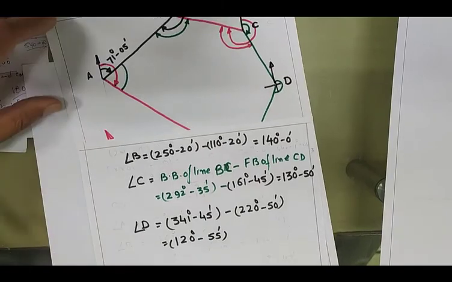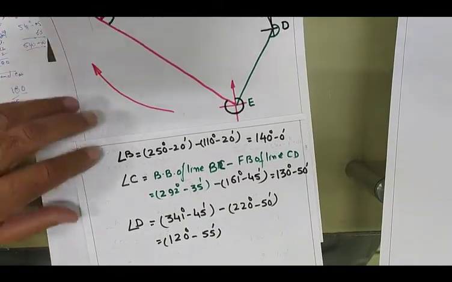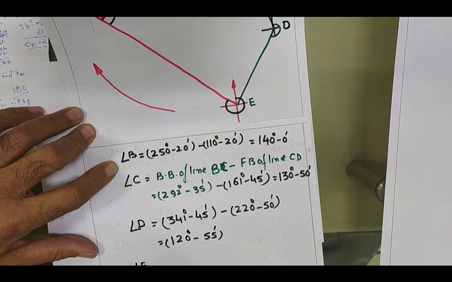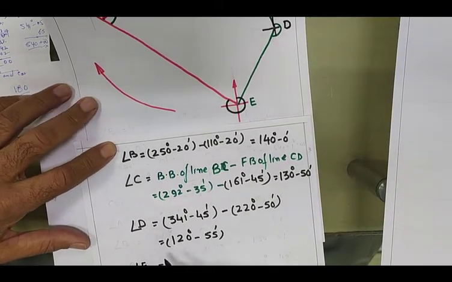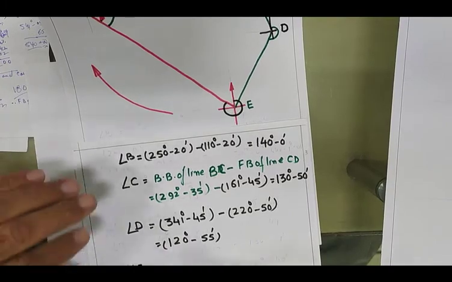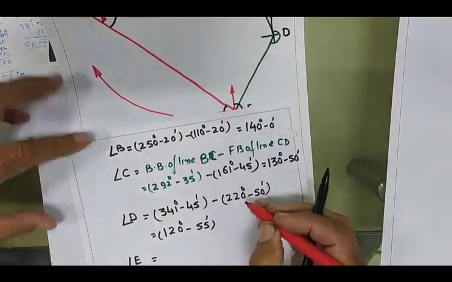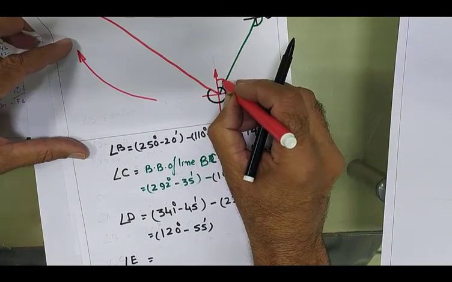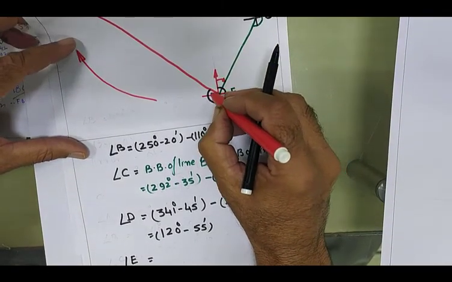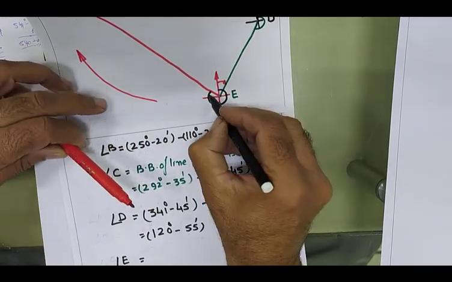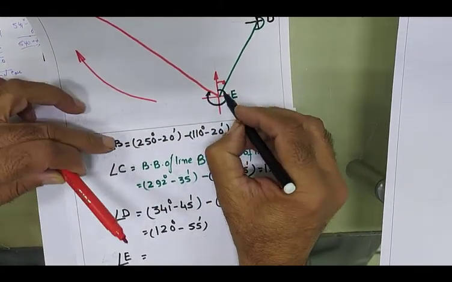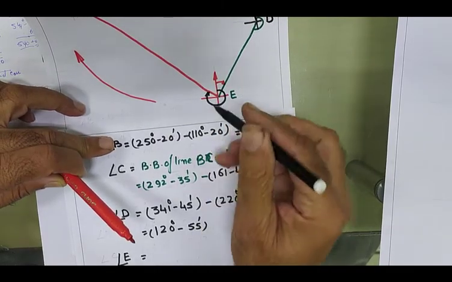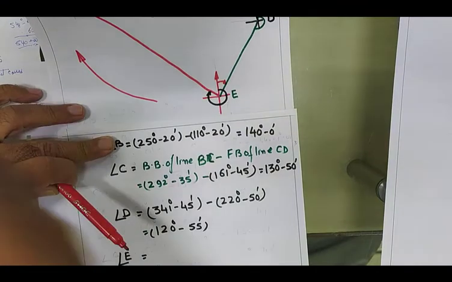And then here, you again follow the sketch. Now the angle E comes to be an external angle. Here you should be very cautious, because the back bearing of line DE is this much and the forward bearing of the next line is this much. If you deduct this angle from this, it comes to be this one angle, that is the external angle.